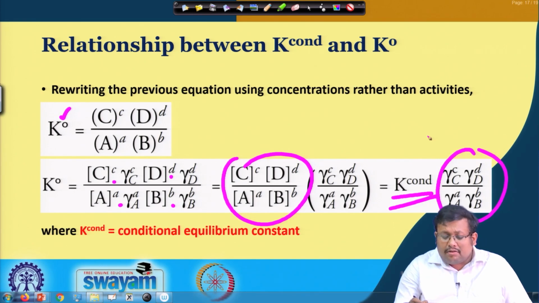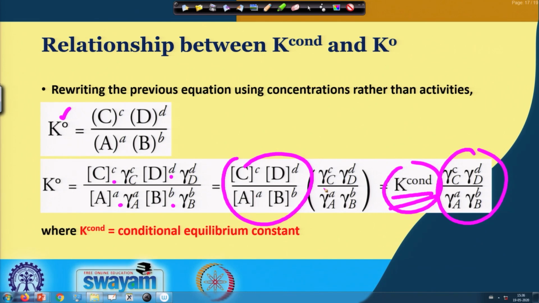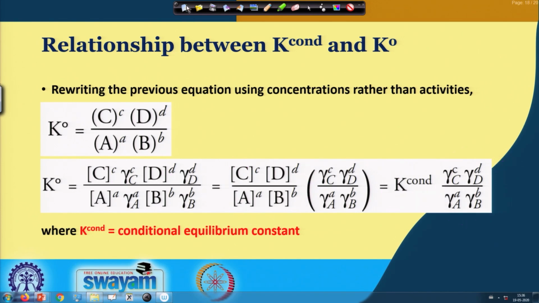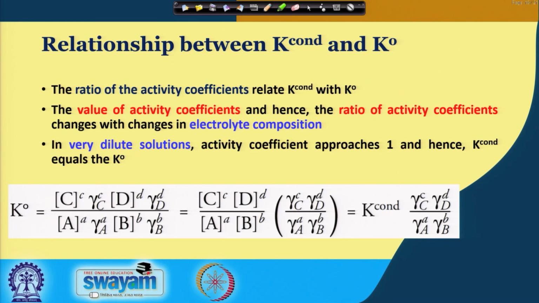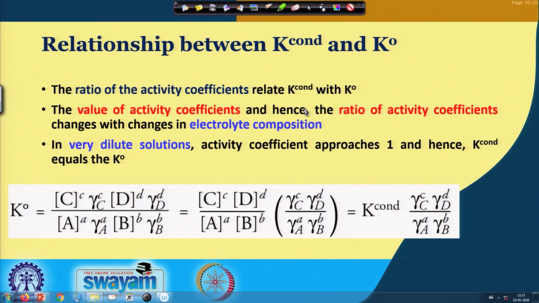The conditional stability constant is also known as the conditional equilibrium constant. So, the thermodynamic equilibrium constant is equal to the conditional equilibrium constant multiplied by this fraction, the ratio of activity coefficients, relating the K condition to the K0, as we have seen from this equation.